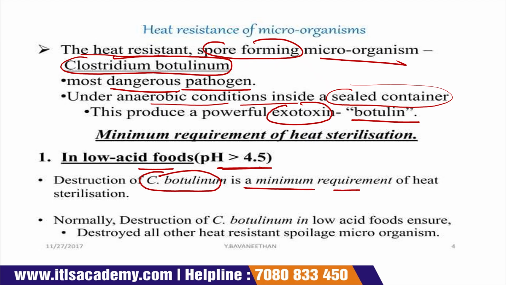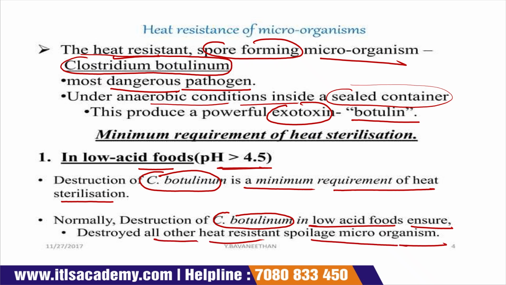Normally, the destruction of Clostridium botulinum in the case of low acid food ensures the destruction of all other heat resistant spoilage microorganisms. If this microorganism is destroyed, then the other types of spoilage microorganisms present in the low acid food will also be destroyed.